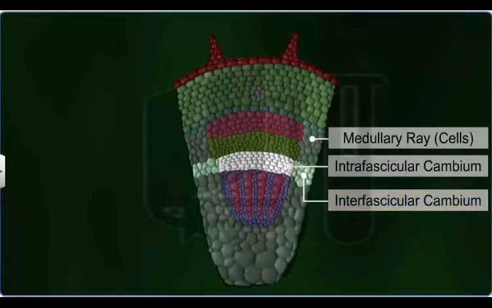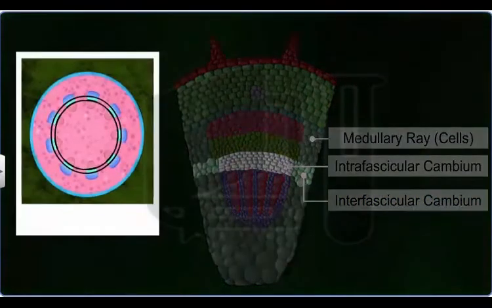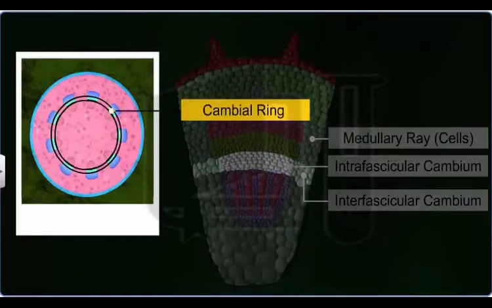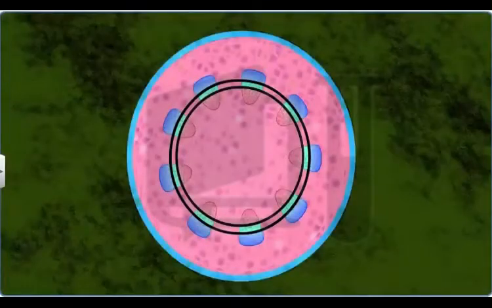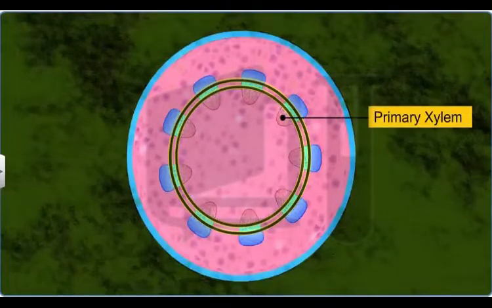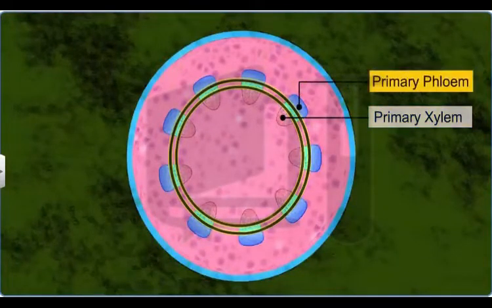Thus, the fusion of intrafascicular cambium and the interfascicular cambium results in the formation of a continuous ring of cambium or the cambial ring. At this stage, the cambial ring has primary xylem on its inner surface and primary phloem on its outer surface.